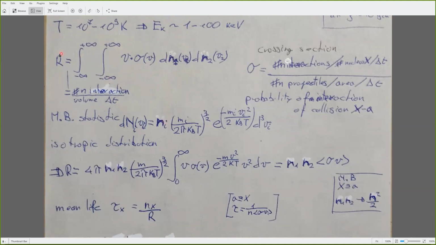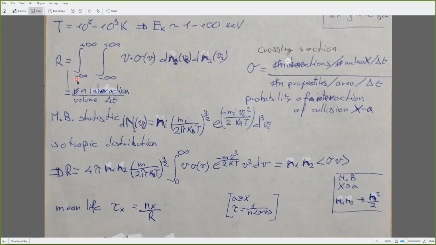And as always, the rate is, as we saw, the velocity times the cross section, times the numerical density of one particle, differential of the other particle.